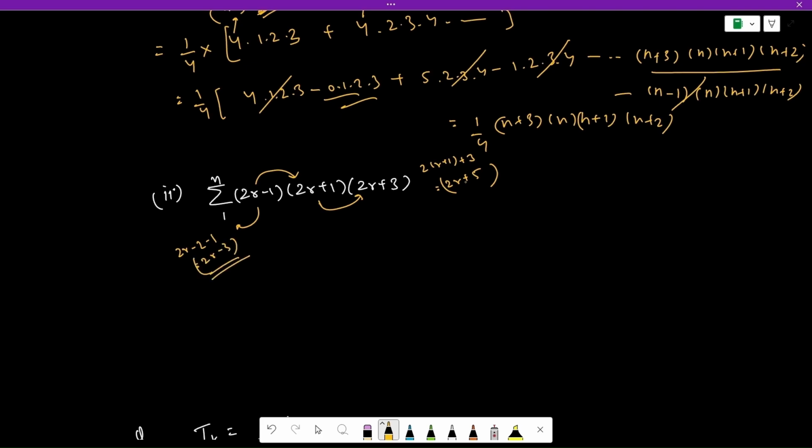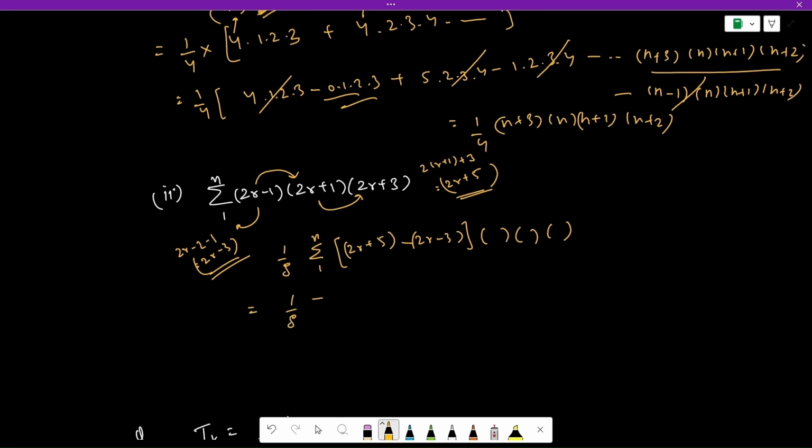Now what is the difference of these two terms? It is 8. So we will just multiply and divide by 8. So 1 by 8 summation 1 to n, and we will write 8 as 2r plus 5 minus 2r minus 3, and the rest of the terms remain here. Now we will just separate them out.